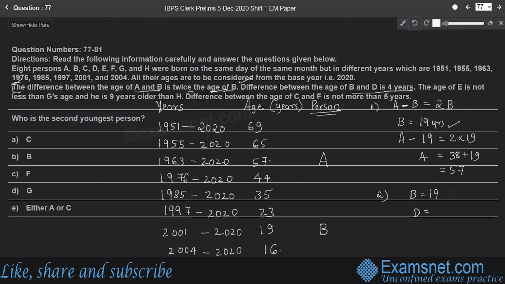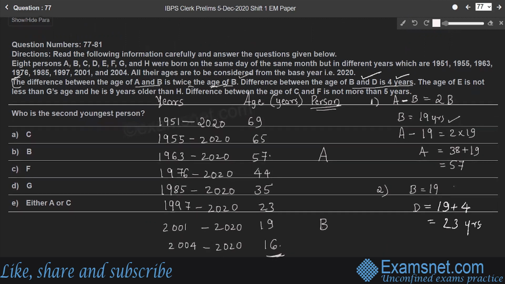Therefore, D's age is greater than 19, that is 19 plus 4. According to the information, the difference between the age of B and D is 4 years, so D's age is 23 years. Coming back to the information, the person who was born in 1997 is D, because his age is 23 years.